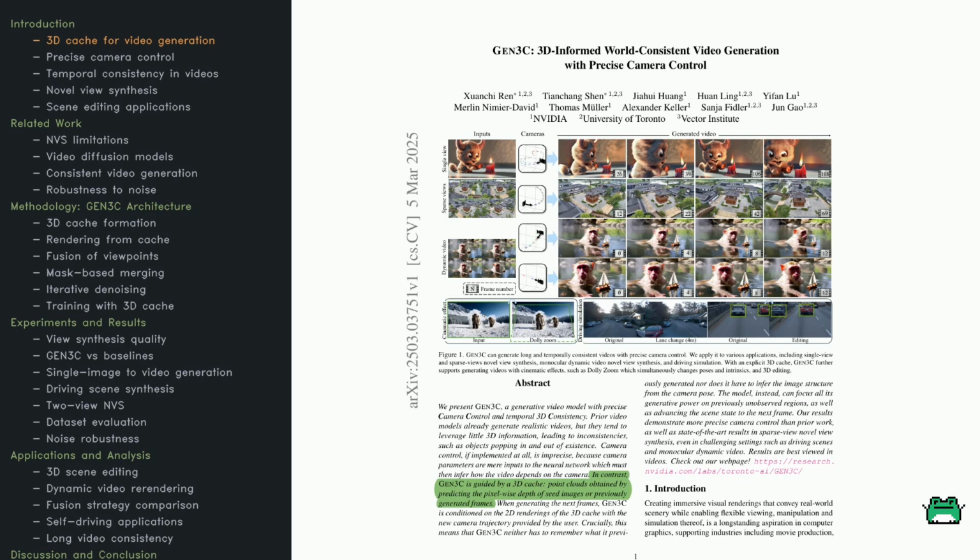GEN3C addresses these issues by relying on a 3D cache. Think of it like a memory bank of point clouds, extracted from depth predictions of seed images or past frames. Whenever GEN3C needs to generate a new frame, it looks at 2D renderings of this cache and transforms them according to the user's chosen camera movements. This way, GEN3C focuses on only the new parts of the scene rather than constantly rebuilding what it already knows.